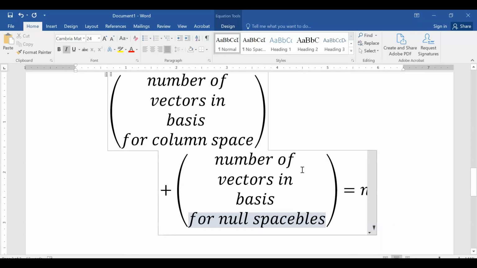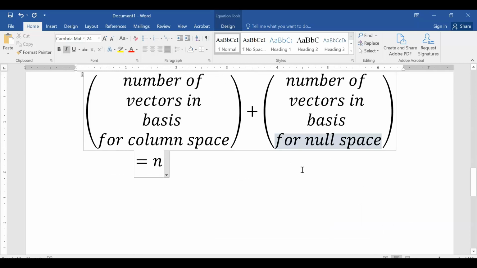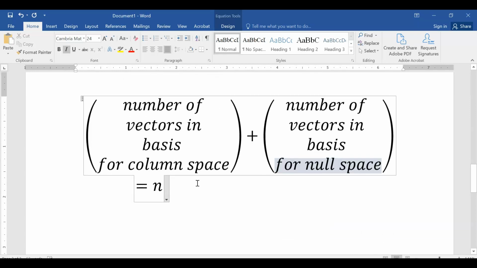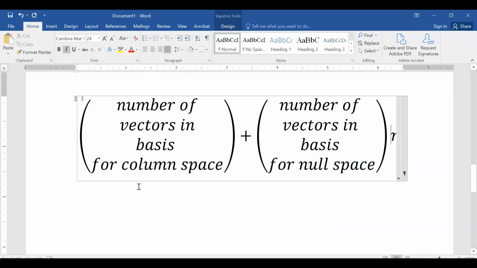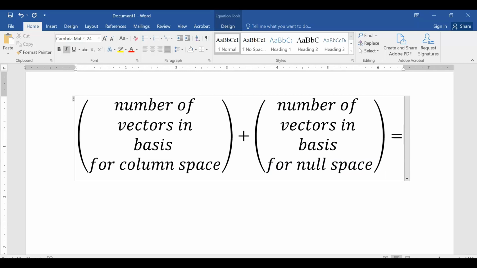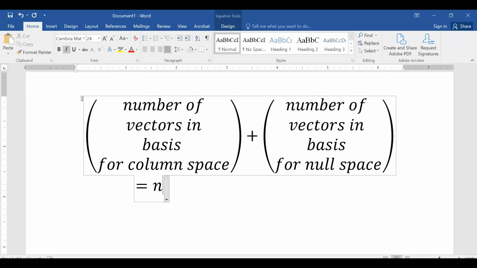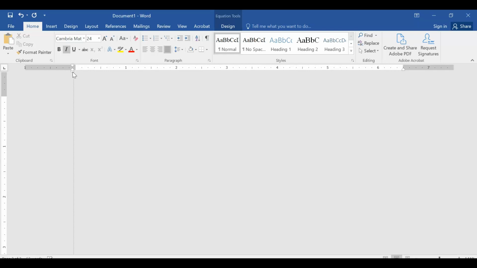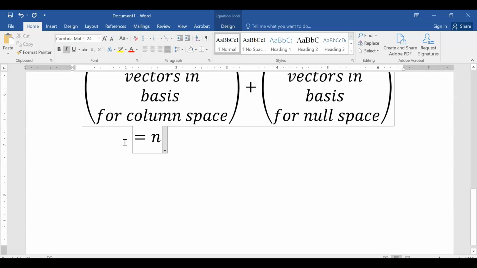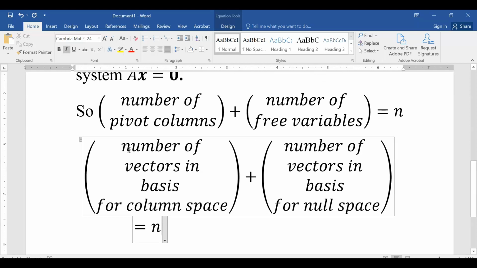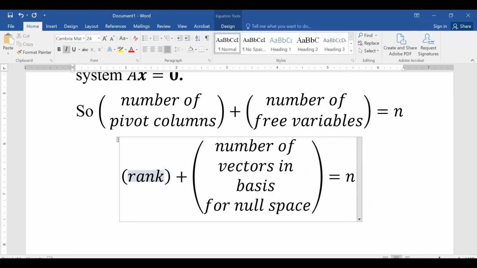There we go. Better. So those two things have to add up to be n. Now the number of vectors in the basis for the column space is just the rank.